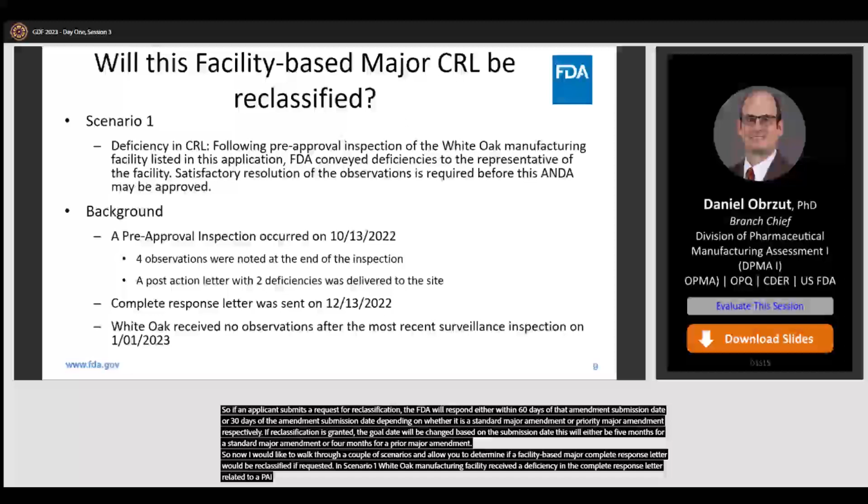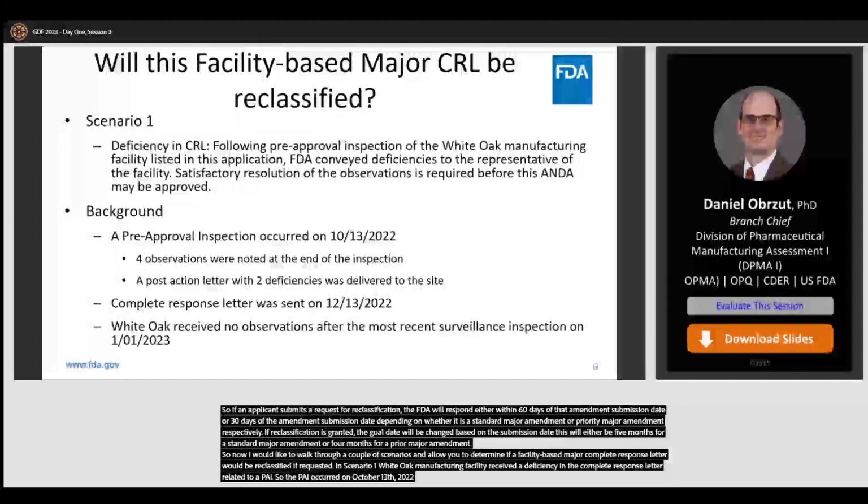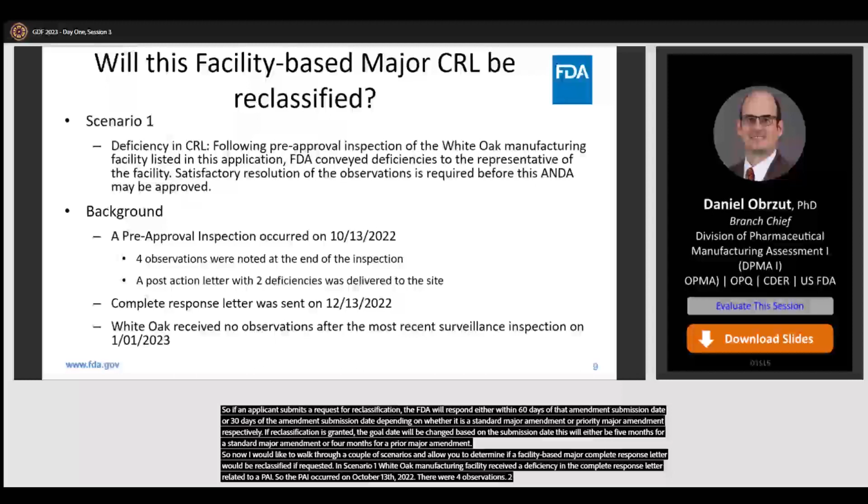There were 4 observations, 2 of which remain unresolved as indicated in the post-action letter. The complete response letter was sent on December 13th, 2022. Then the White Oak facility received no observations after the most recent surveillance inspection on January 1st, 2023. If reclassification was requested, would it be granted?